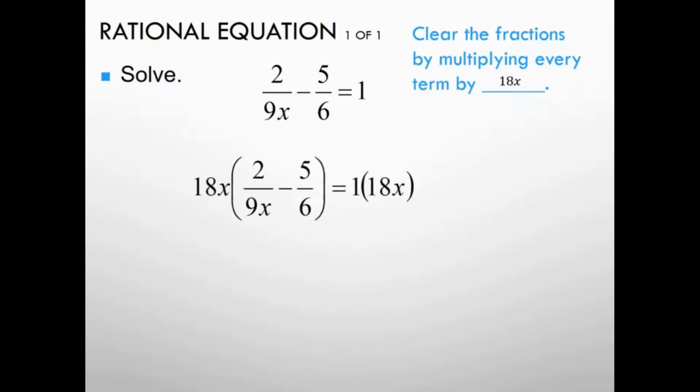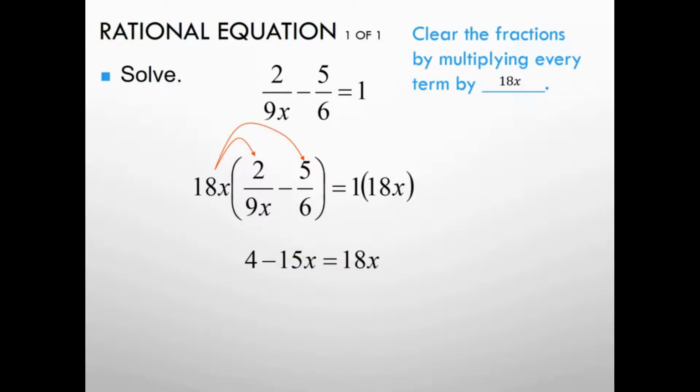To maintain equality, we'll multiply both sides of the equation by 18x. On the left, we need to use distributive property so that each term is multiplied by 18x. After simplifying the multiplication, the denominators are gone, leaving us with 4 minus 15x is equal to 18x.